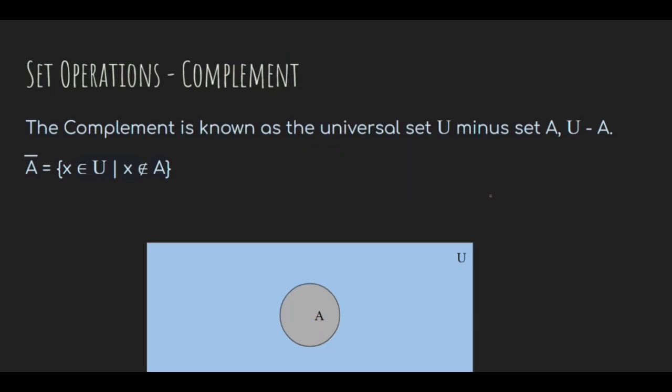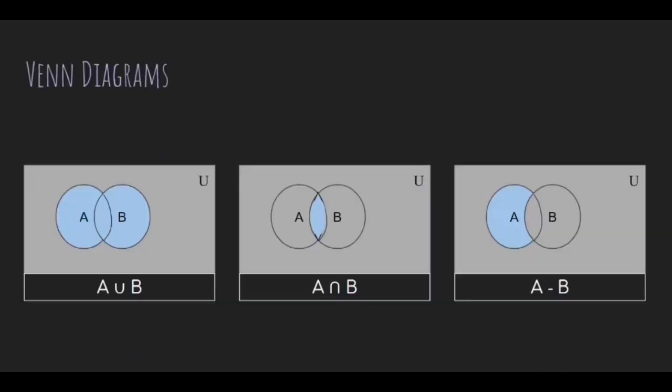I hope that made sense. Basically, a complement is whatever is not in your set A. The complement of set A means you disregard what's in set A and look at everything else. That's the best way I can put it.